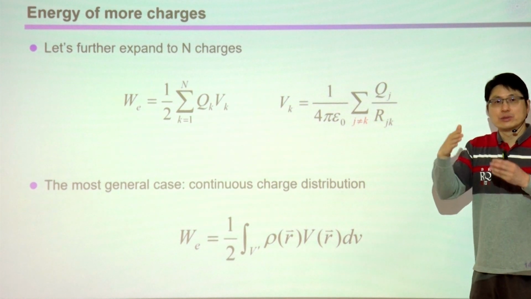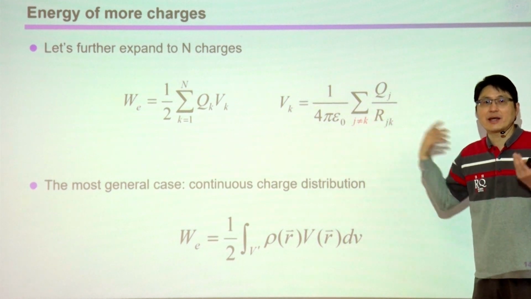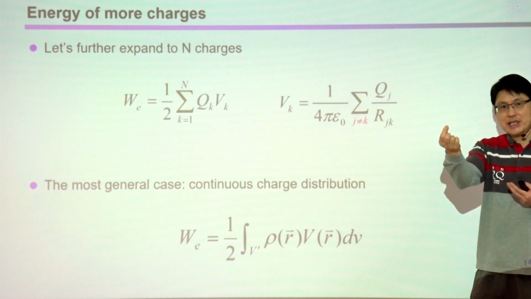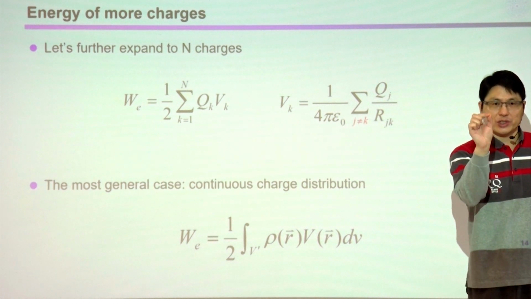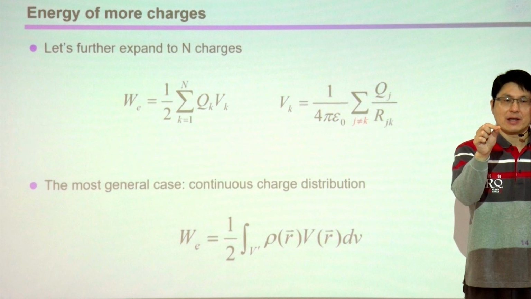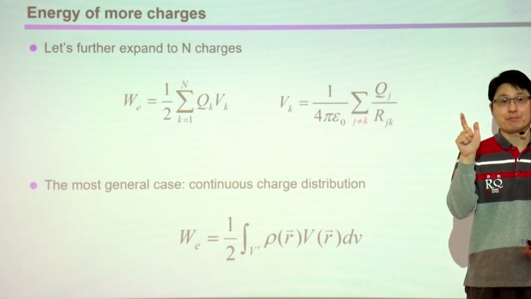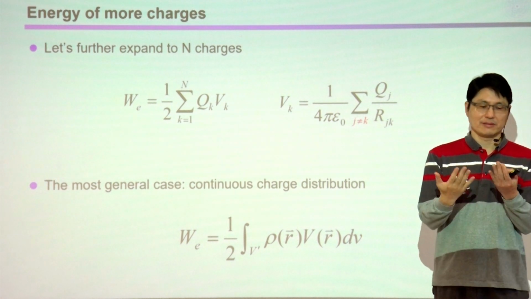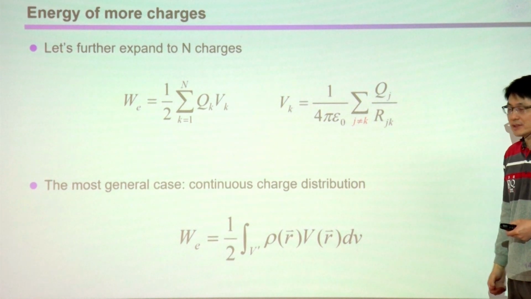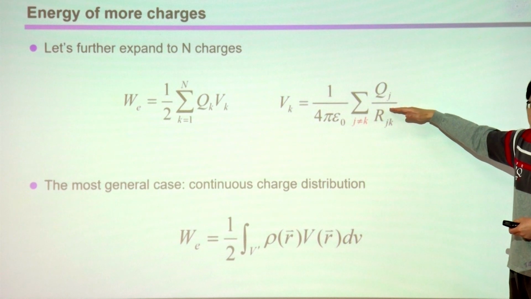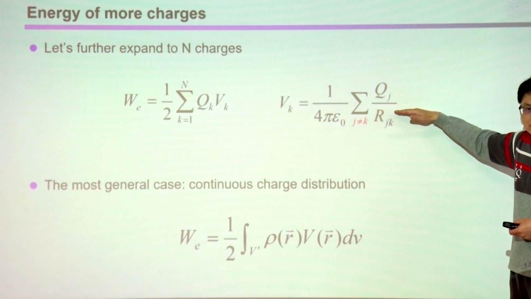So 1 to 4 and 6 to 10, right? So each charge in this case, assuming I have 10 charges, has to work against 9 potentials. Okay? So this is the generalized expression.